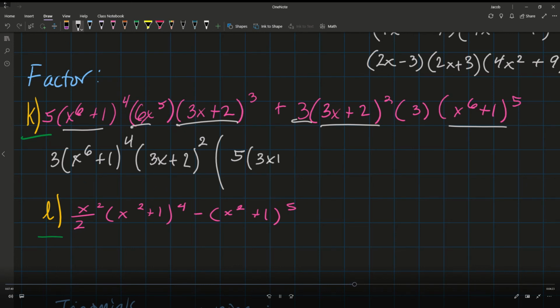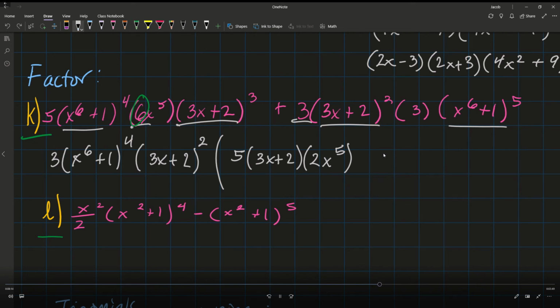And now I'm going to multiply in what was left over from those factors. So in this first term, I completely factored away the x to the 6 plus 1 to the 4th. So that factor does not exist in this term anymore. And then I factored out a 3 from the 6x to the 5th. So it's 2x to the 5th, because that's my coefficient that I took away.